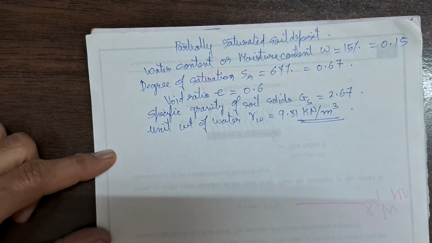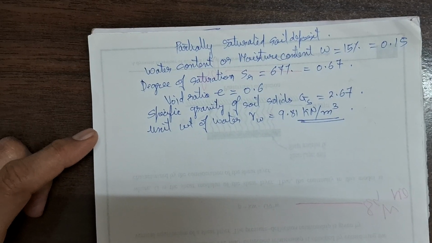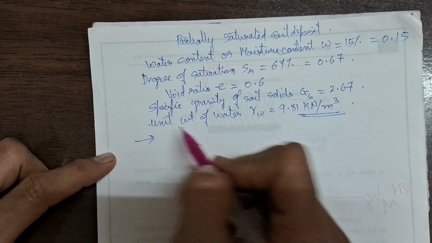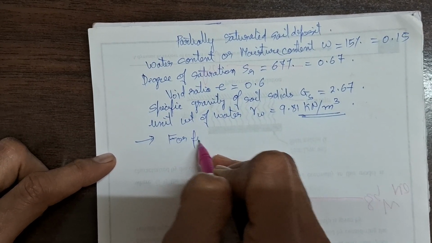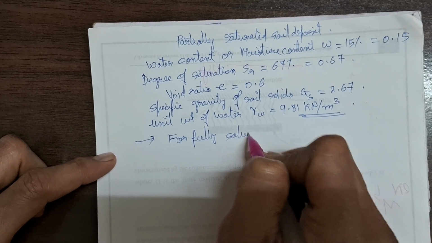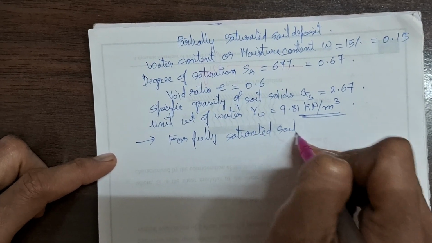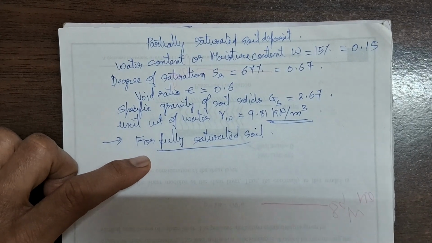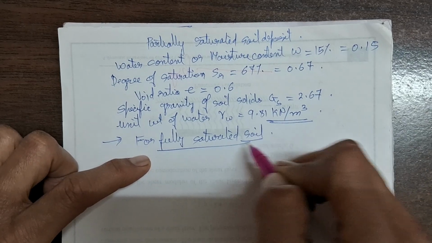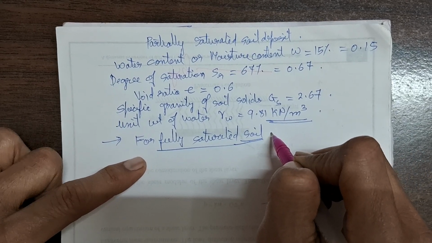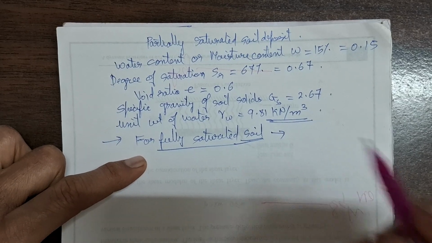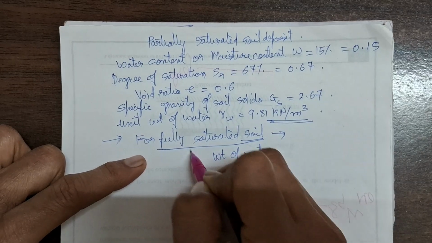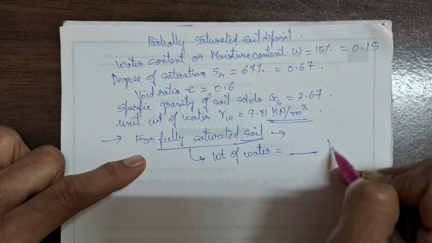So these units we have to be very, very careful. Now the next part is they have asked, suppose for fully saturated soil. Fully saturated will be converted into two-phase diagram, that is soil solid and water only. So for fully saturated soil, the required weight of water, we are supposed to find out weight of water for this case. Weight of water dash kilonewton.